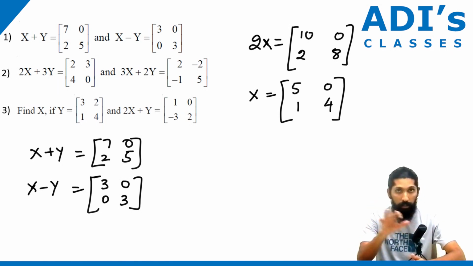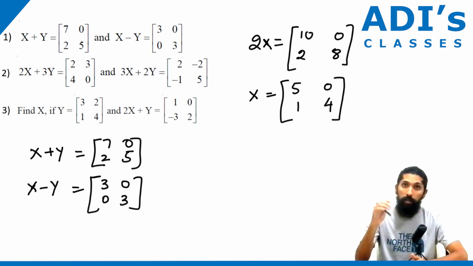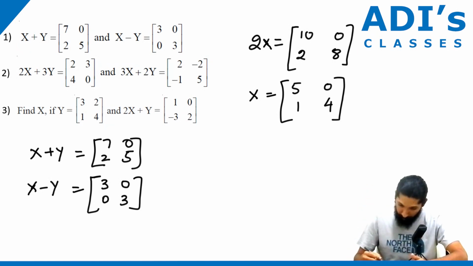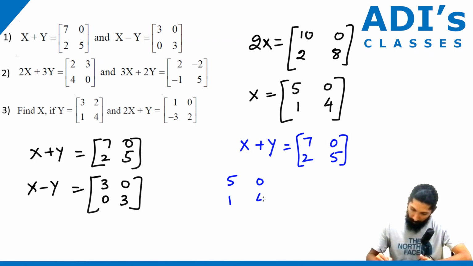Now substitute this in any one of the equations. So you have two equations, x plus y and x minus y. Substitute this x value in any one of them. Fair enough? Let's substitute in the first equation: x plus y is equal to 7025, so 5014 plus y is equal to 7025.